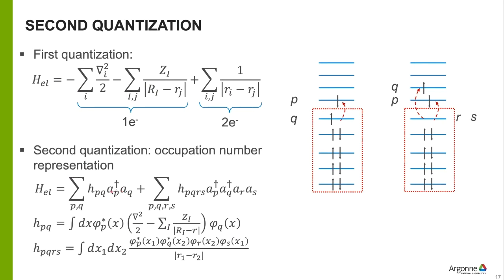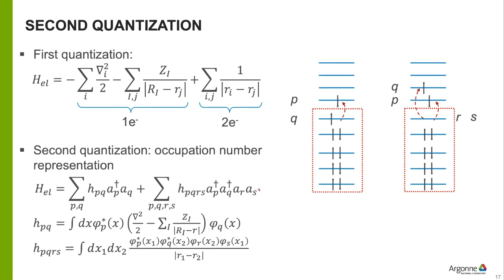These a_p dagger and a_q are creation and annihilation operators. a_p dagger basically creates an electron on orbital p, and a_q annihilates or destroys the electron on orbital q.